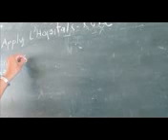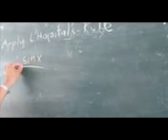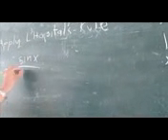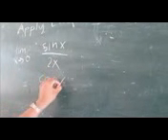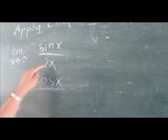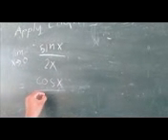So the limit where x approaches 0 of sine x over 2x. We need to get the derivative of sine x, which is cosine x, and the derivative of 2x is 2.